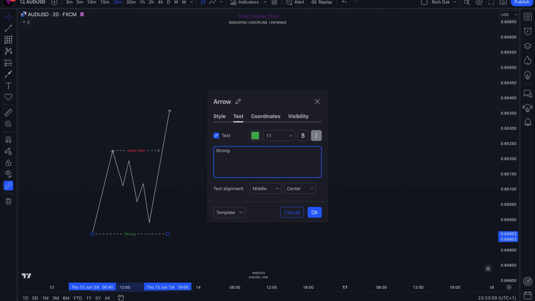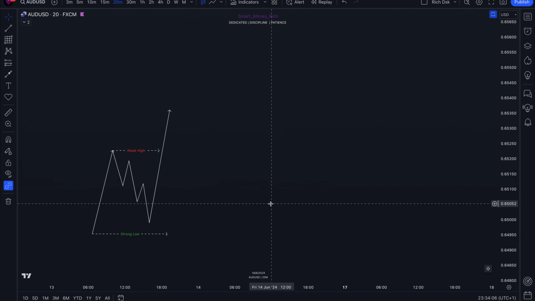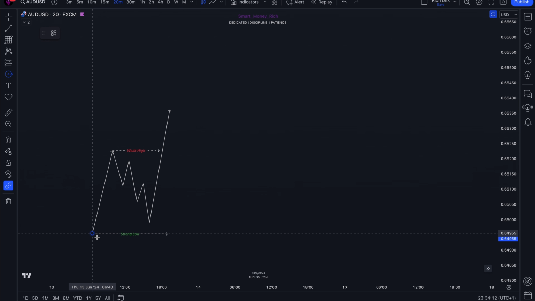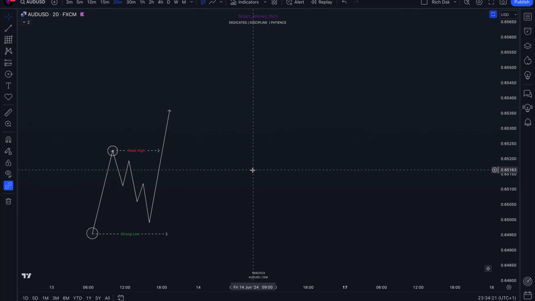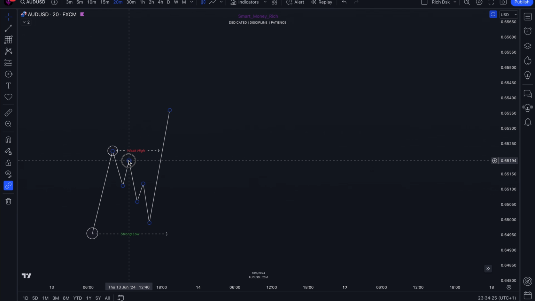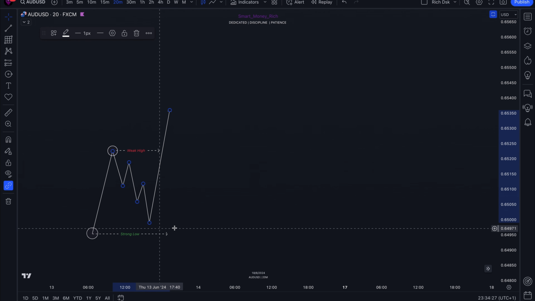Rather, the low pushed price up from its demand zone to then further break that high. So in this case, we've seen price create a low and then a high, right? So we saw a pullback. The price did a pullback not because price was selling.